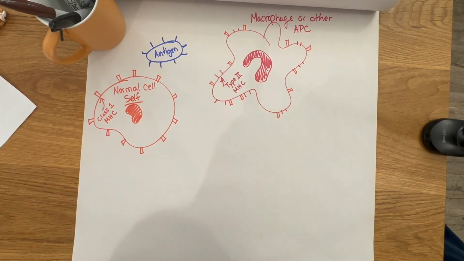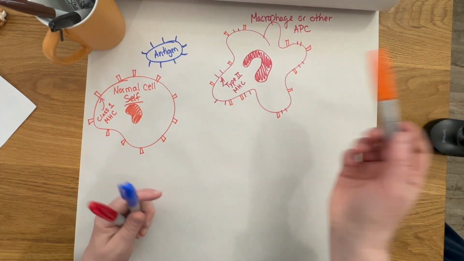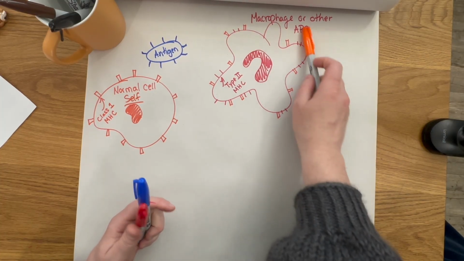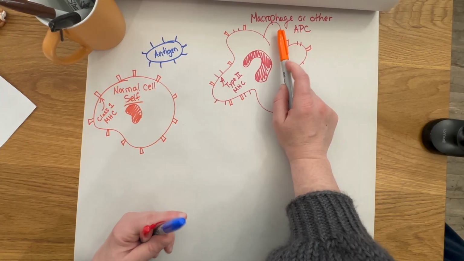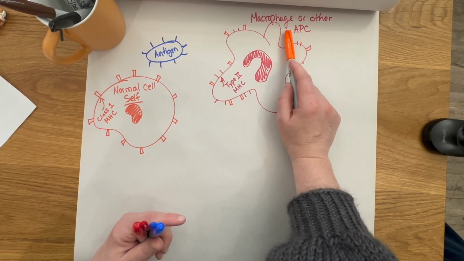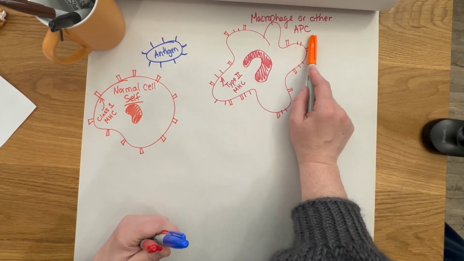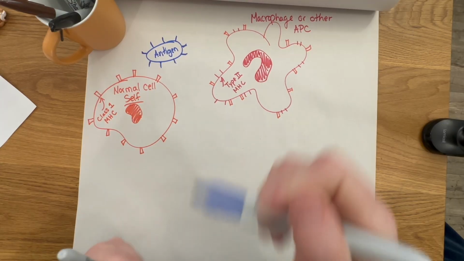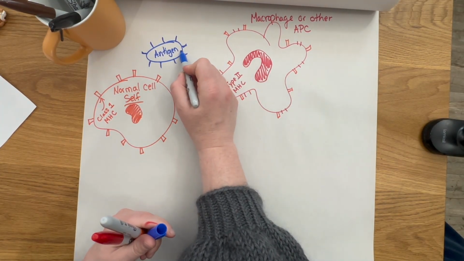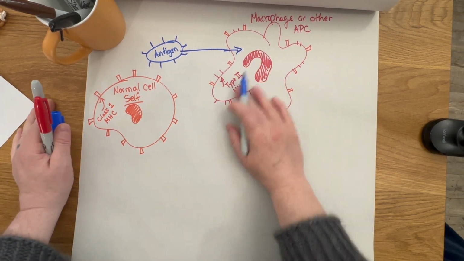Here is what we call an antigen presenting cell, or a macrophage, or something else like a dendritic cell, something along those lines. Multiple different types of immune cells that are part of the innate immune system can act as antigen presenting cells. So when they meet up with this bacteria, they're going to engulf it, take it inside their cell, and digest it.